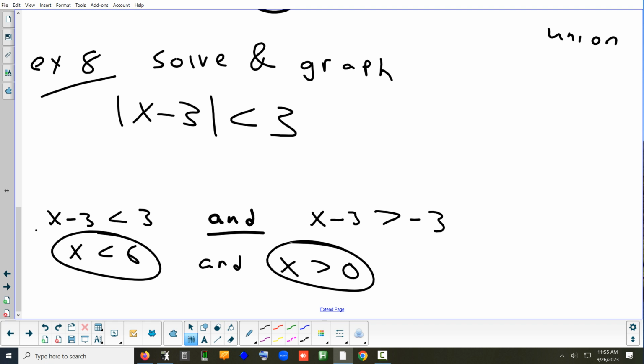If it said x is greater than 6 and x is greater than 0, you graph it out, and they'd be pointing the same way, starting at different points. Usually with a conjunction here, we're going to end up with a between. Any question on that one?